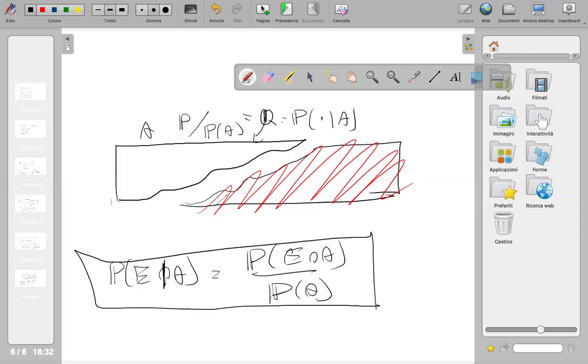So simply when you go and compute B given A, this is equal to the fraction of... and this is equal to 0.